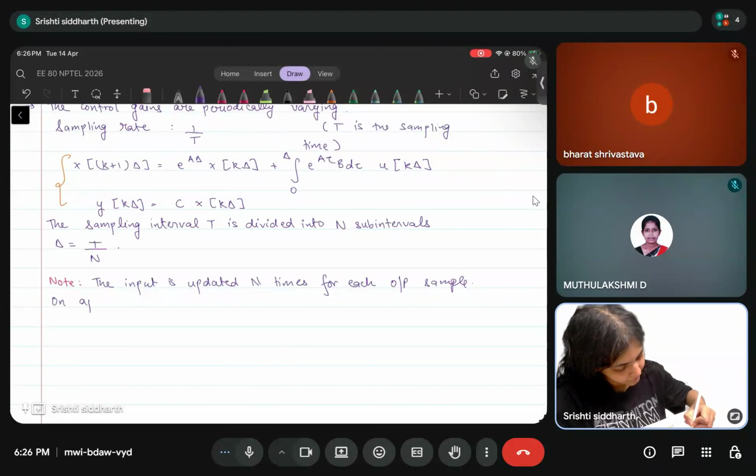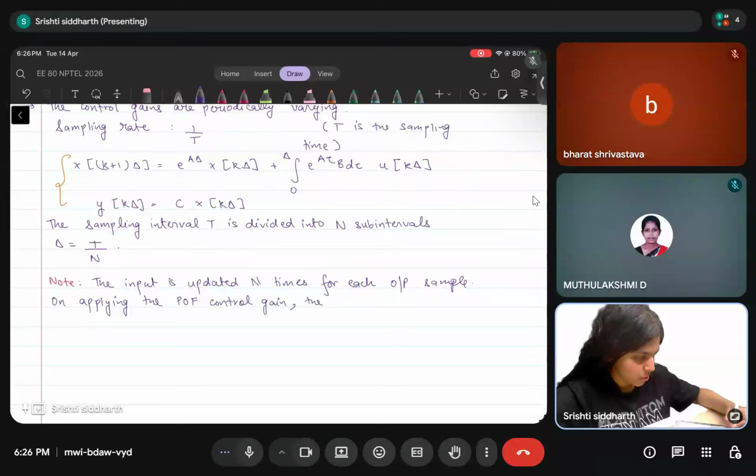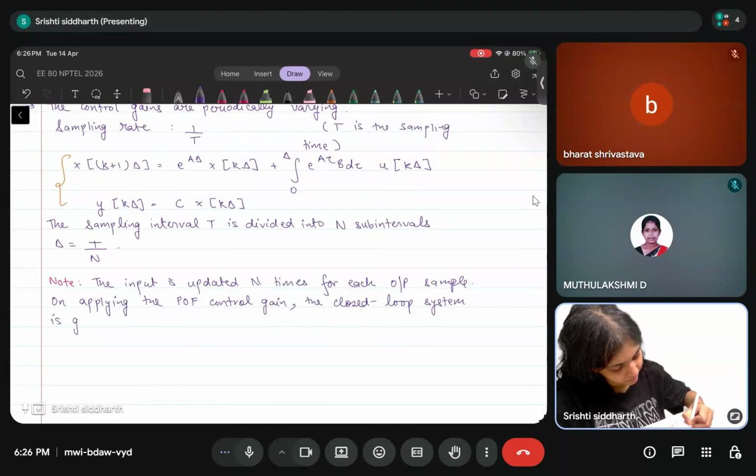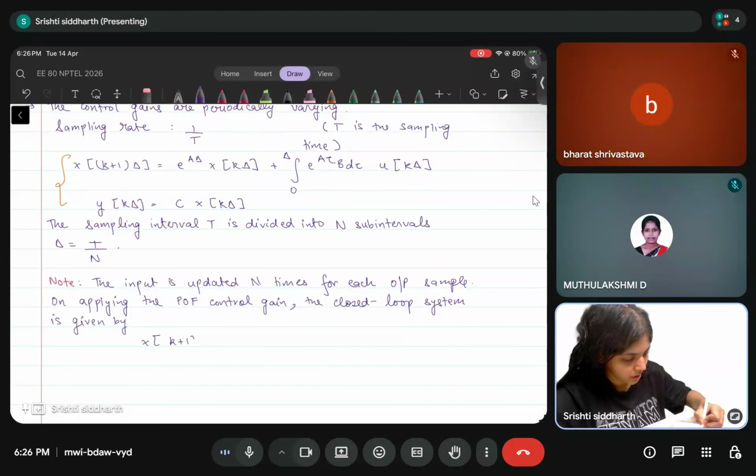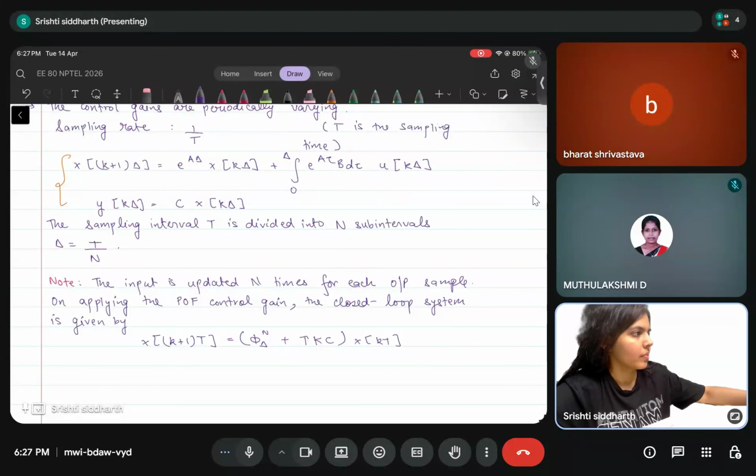So on applying the periodic output feedback control gain, this is x(k+1) at the next time instant. This is phi delta to the power n plus gamma K C x at kT.